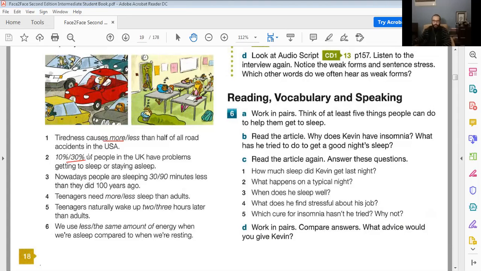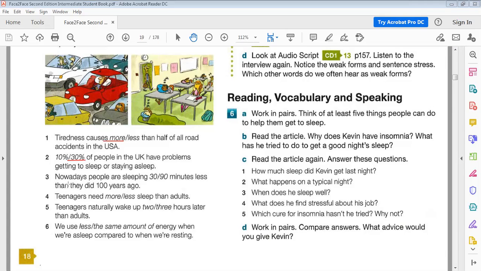And number 3, what about this one, Najat? Nowadays, people are sleeping 30 minutes less than they did 100 years ago. Okay. Number 4, I will take number 4. Teenagers need more sleep than adults.